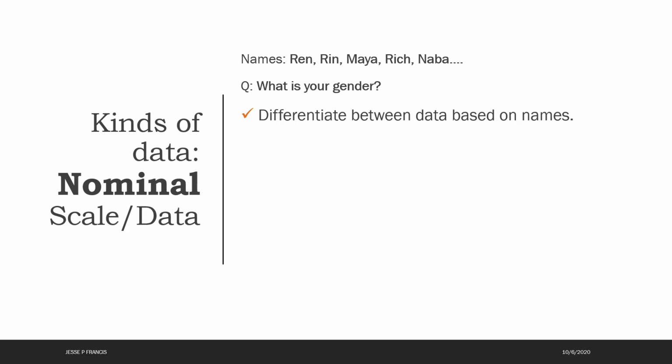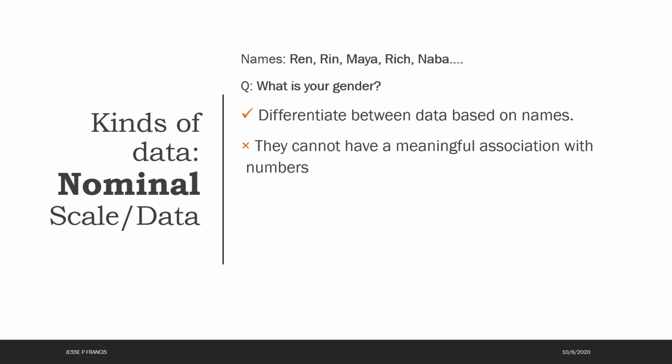We can differentiate, but they cannot have a meaningful association with numbers. What if I say Ren is 20 and Rin is 12? That cannot be a meaningful association. We can assign a number, but we can't find a reason to assign 20 to the name Ren.